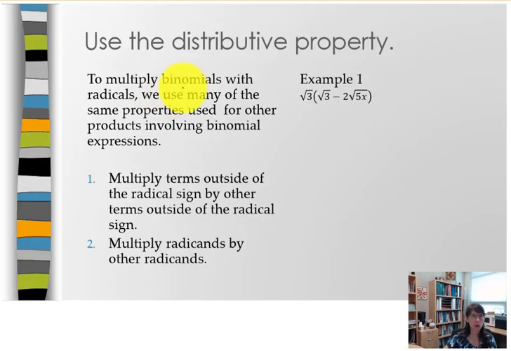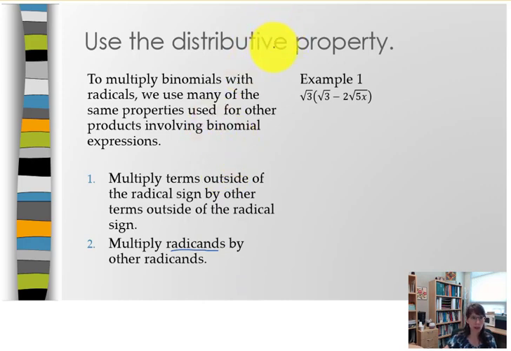So to multiply binomials with radicals, we will use many of the same properties that we used for other products involving binomial expressions. We will multiply terms outside of the radical signs by each other, and we'll multiply terms remaining under the radical sign, those are the radicands, by each other.